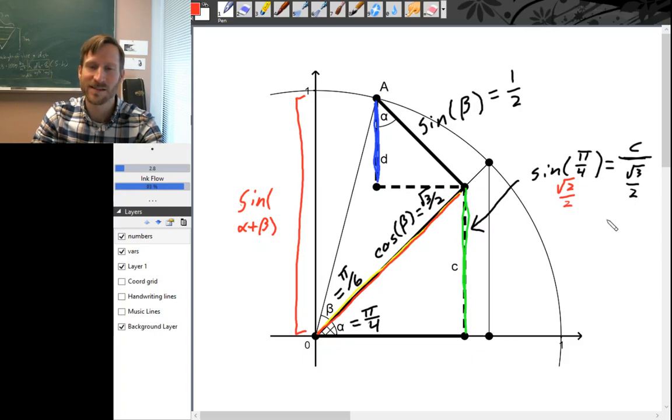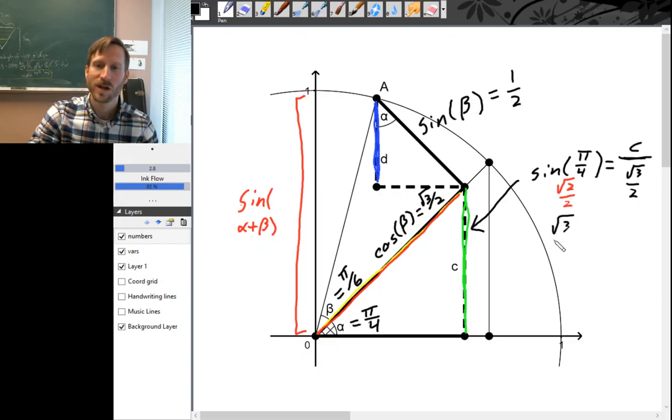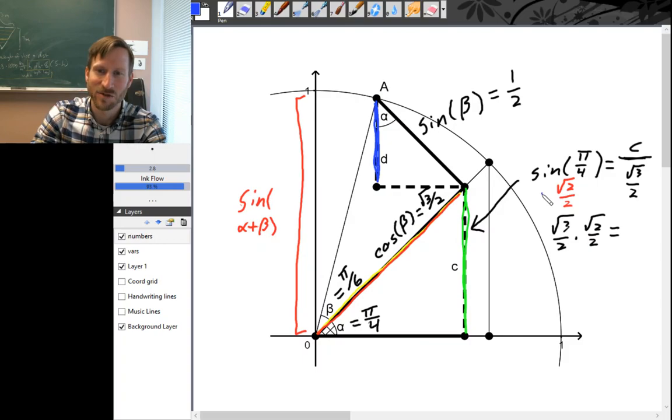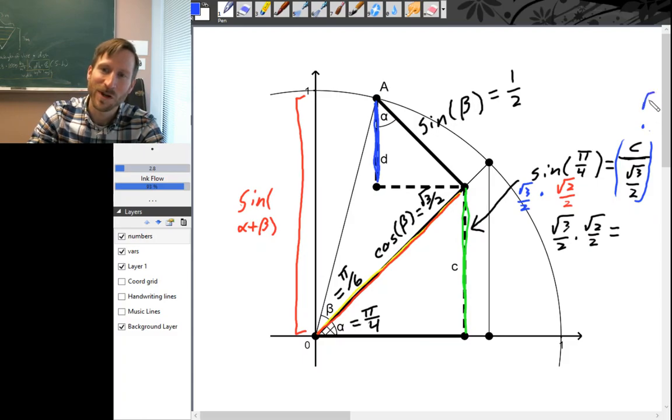On the left-hand side, we get root 3 over 2 times root 2 over 2. And on the right-hand side, the root 3 over 2 that we're multiplying by will cancel this one here. So maybe I should write it out. Multiplying by root 3 over 2, and on this left-hand side, also multiplying by root 3 over 2.